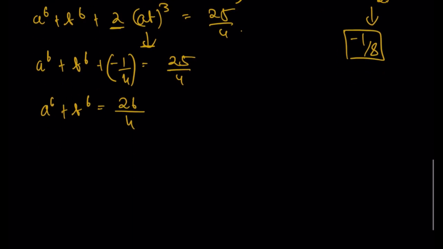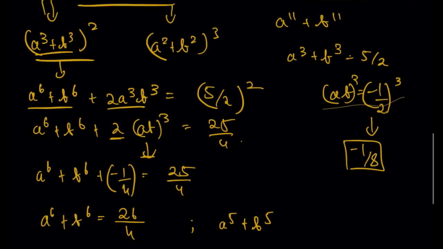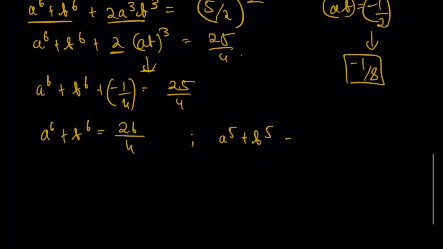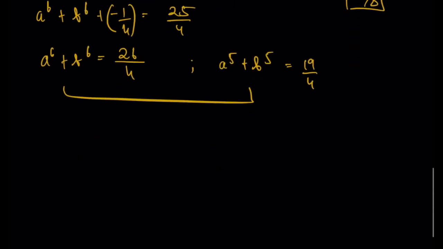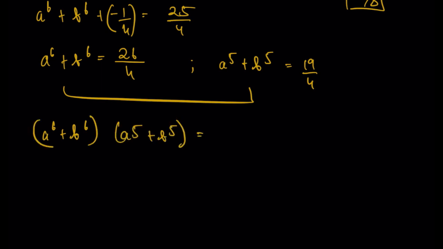Okay, so we know two values: a power 6 plus b power 6 is 26/4, and a power 5 plus b power 5 is 19/4. Now we will simply multiply these two terms, a power 6 plus b power 6 into a power 5 plus b power 5, which gives 26/4 into 19/4.